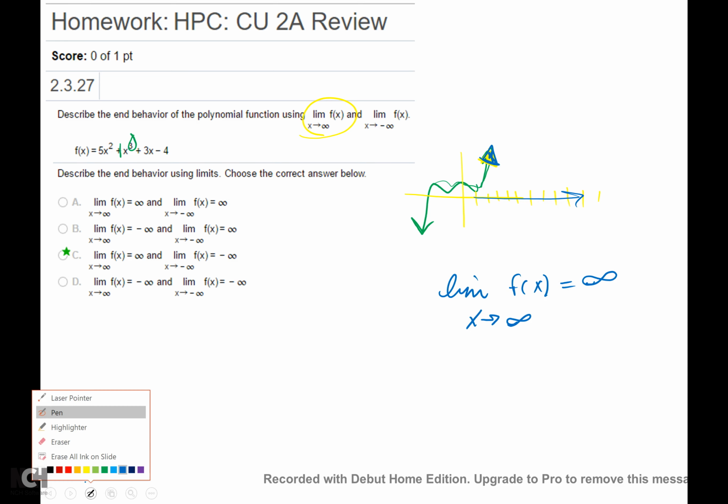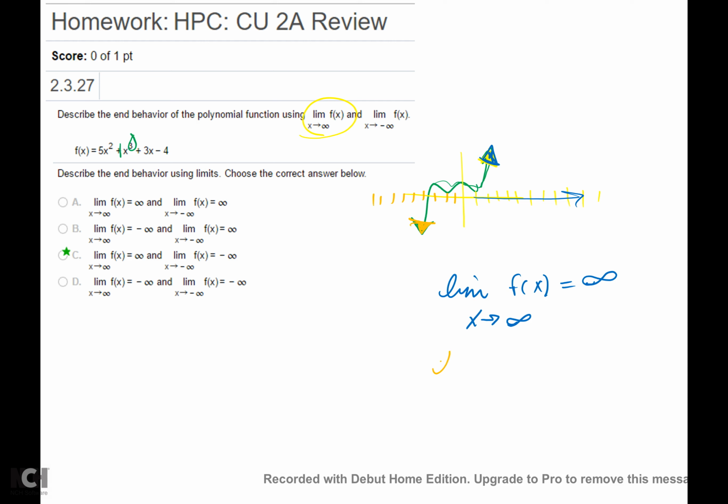If I describe the other direction, as I go this way and I pick smaller and smaller x's, what are the y values doing? We'll look at where the tail is pointing. The limit as x approaches negative infinity, the y values are going to negative infinity. Okay?